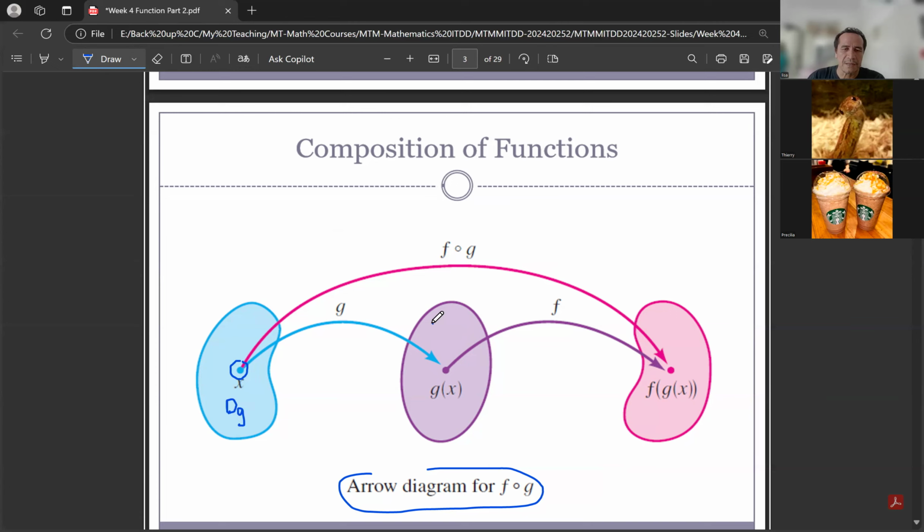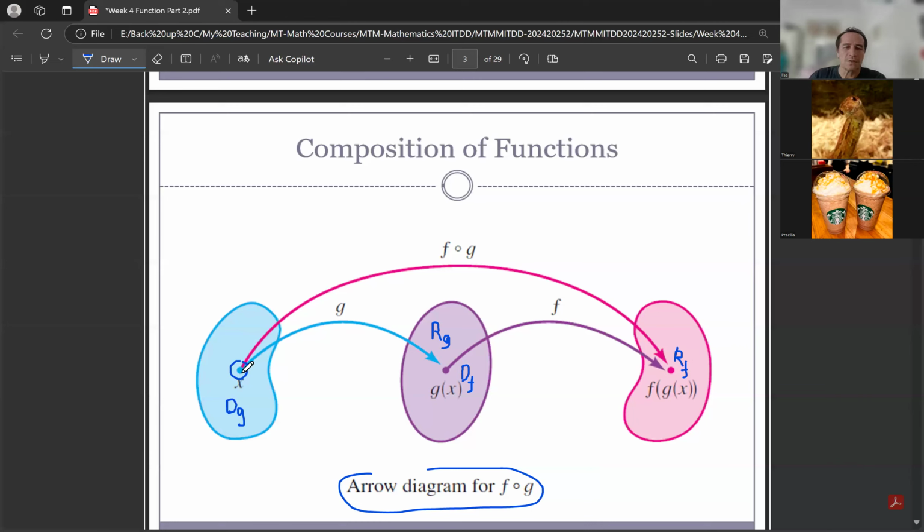This area will be the range of g, and at the same time this area is also the domain of f, because f should start from here, and this area will be the range of f.